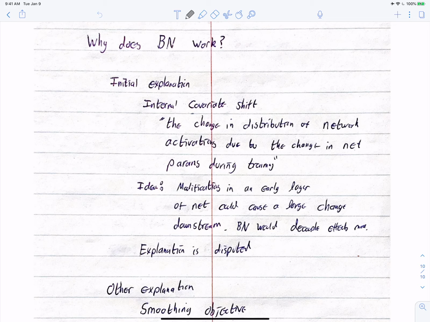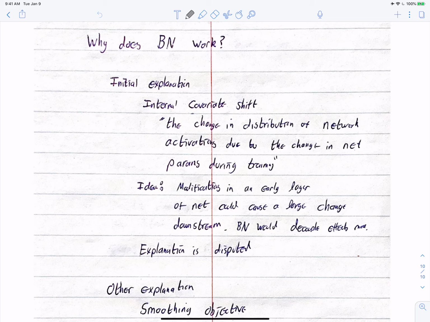So the original paper that introduced it offered the following explanation based on something called internal covariate shift. Roughly, that is the change in the distribution of network activations due to the change in the network parameters during training. That's how it was defined in that paper. And roughly the idea is that modifications in an early layer of a net could cause very large changes downstream, and batch norm would decouple these effects.